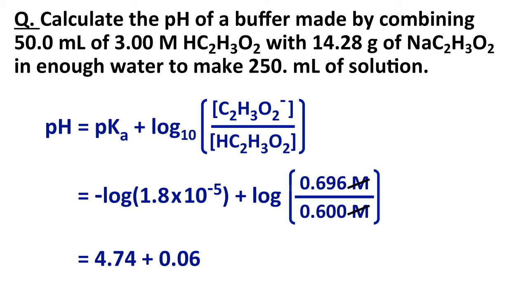Negative log of 1.8 times 10 to the minus fifth is 4.74. Log of this ratio, 0.696 over 0.6, works out to be not much bigger than 0.06. And then we add those together, and we have 4.80 as the pH of this particular buffer with these particular amounts of acetic acid and sodium acetate.